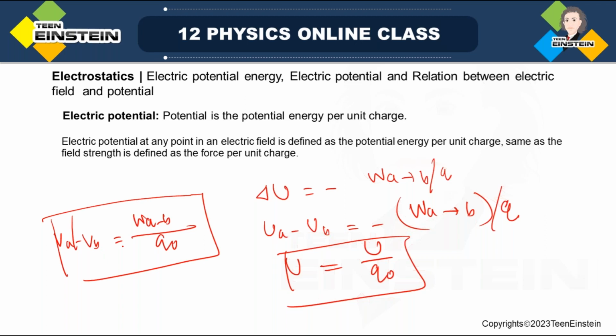So VA minus VB is equal to WAB divided by Q0, where Q0 is the charge taken. This is the kind of definition we get for electric potential, and it can be simply written in this way also. This is the work done per unit charge.